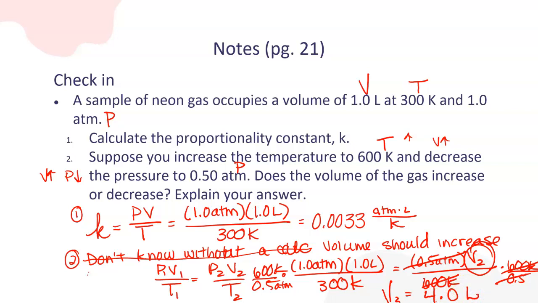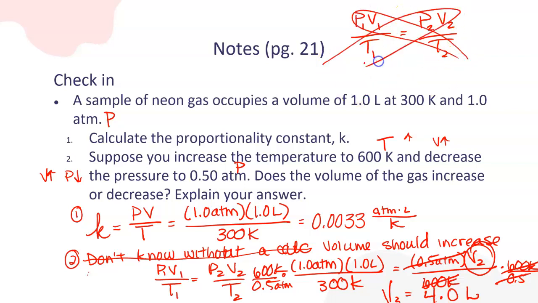Okay, alternatively, you can rearrange the equation. So P1V1 over T1 is equal to P2V2 over T2. We've discussed this in the past, where when we have fractions, the first thing we should do is cross multiply. So P2V2T1 is equal to P1V1T2.